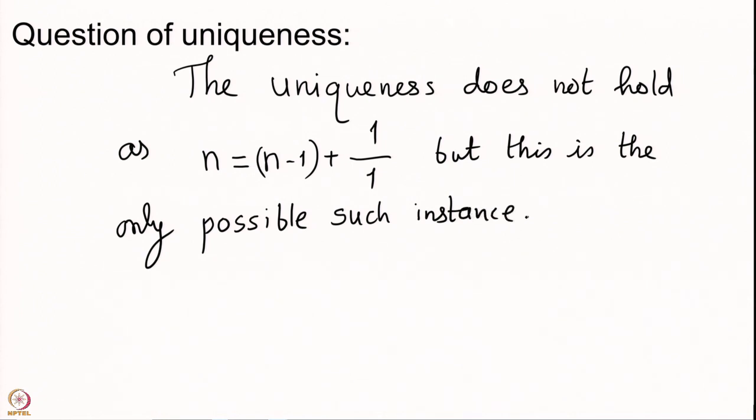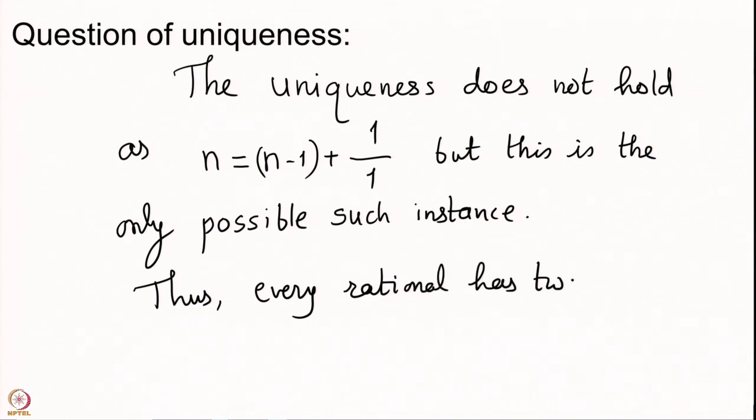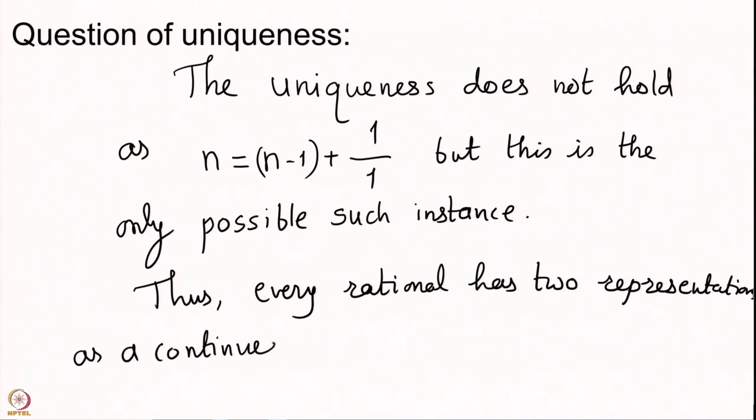That means every rational number has two representations as a continued fraction with different n's.